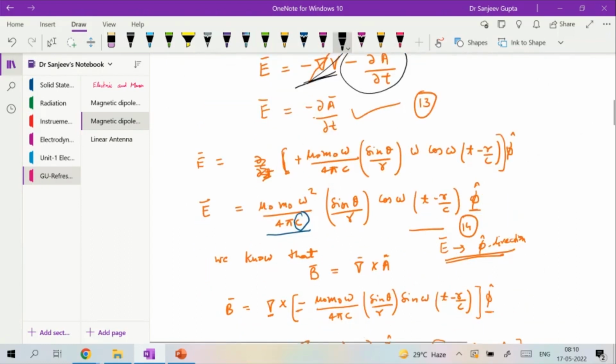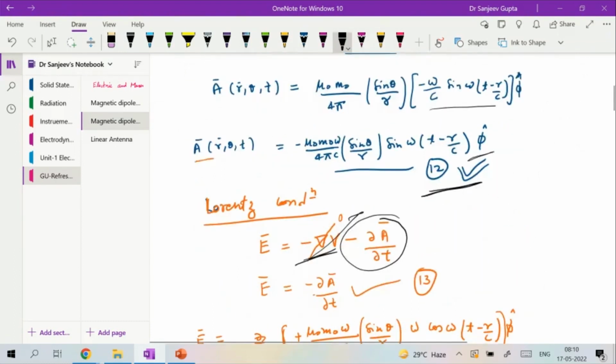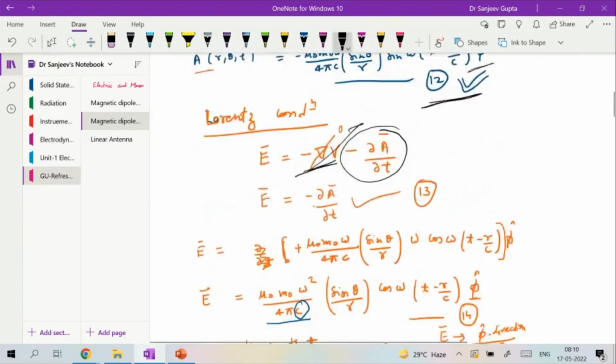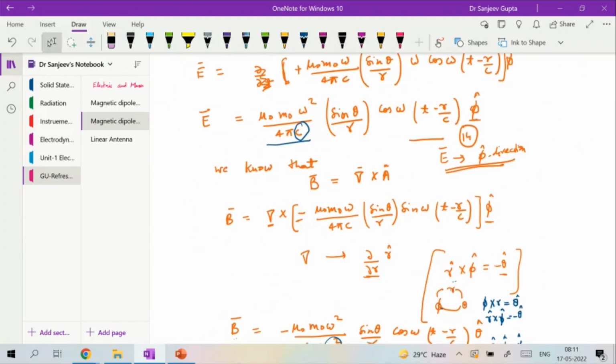So I have taken equation number 12 and just differentiated with respect to time. When I did this differentiation, you get μ0 m0 ω²/4π c sin θ/r cos(ωt − r/c), in the φ direction.